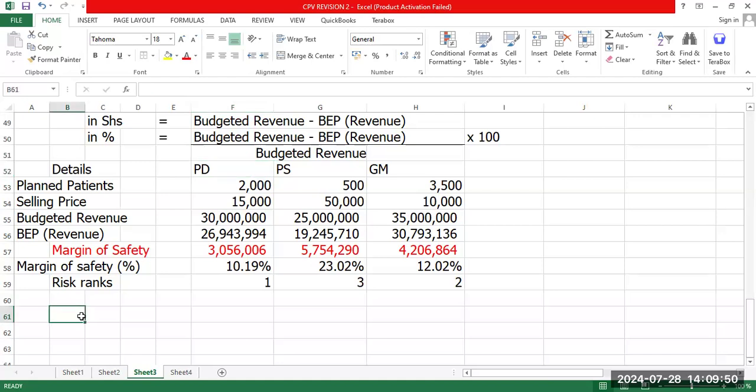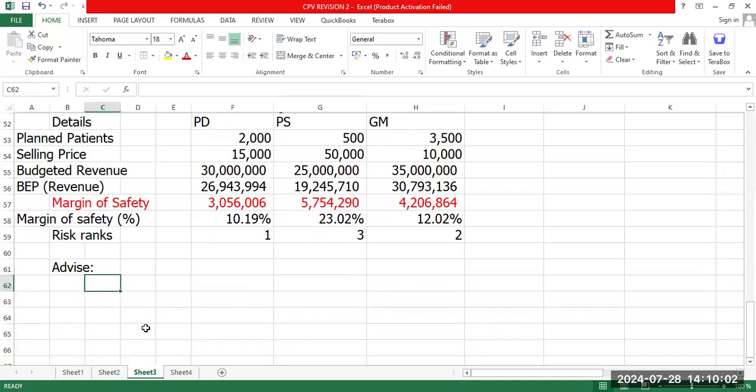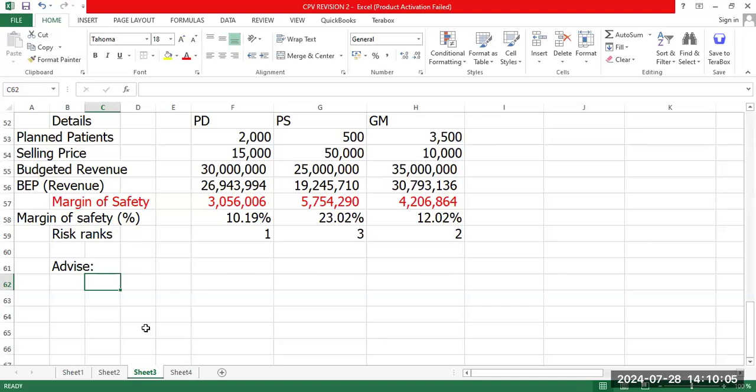So as you conclude advice, you will say that according to the margin of safety ratio, PD department is high risk, followed by GM department, and followed by PS department with less risk, which is less risky.